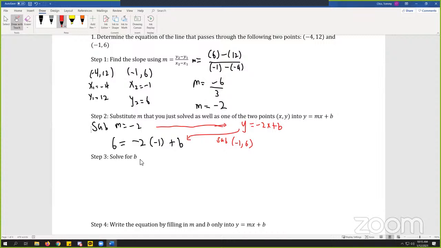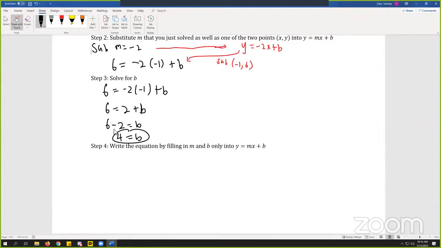Then once you have that, we can solve for b. So we have our equation, negative 2 times negative 1 plus b. Negative 2 times negative 1 is positive 2. And then we can move the 2 to the other side. 6 minus 2 equals b. And we get 4.